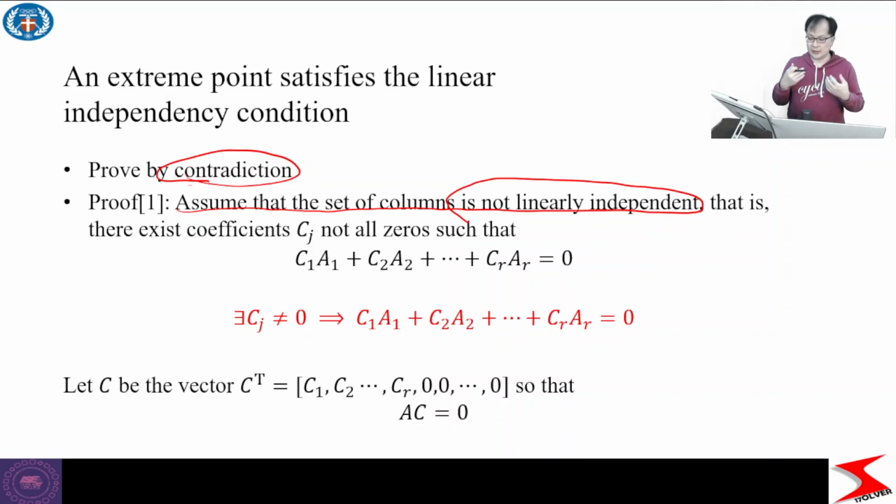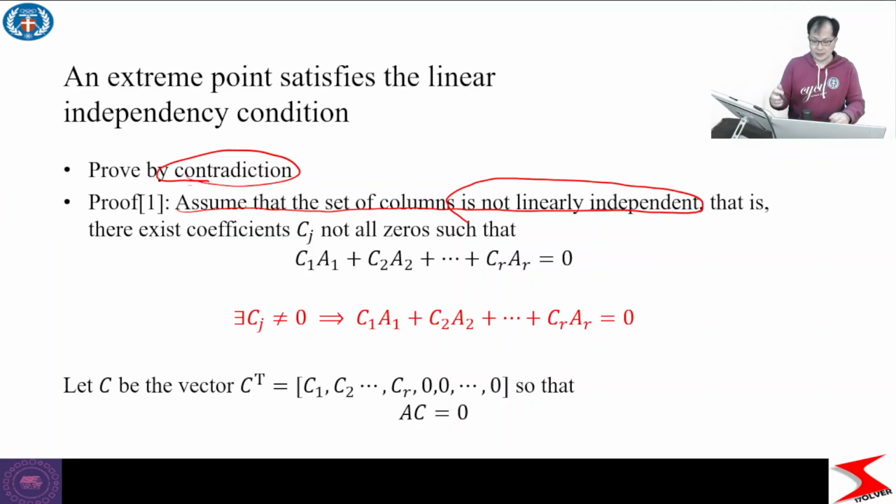If we assume that the columns are not linear independent, we will find something wrong in this proof. So the opposite is correct, which means the set of columns is linear independent.